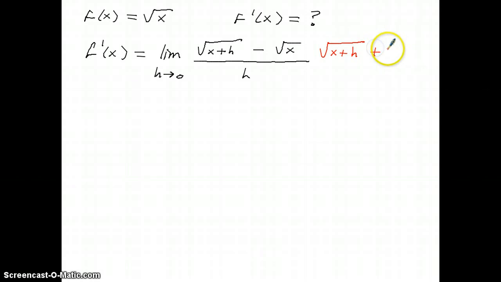You see, I'm trying to get rid of my division by 0 problem. And I can accomplish that goal by rationalizing my numerator. So I am multiplying by the conjugate of the numerator.